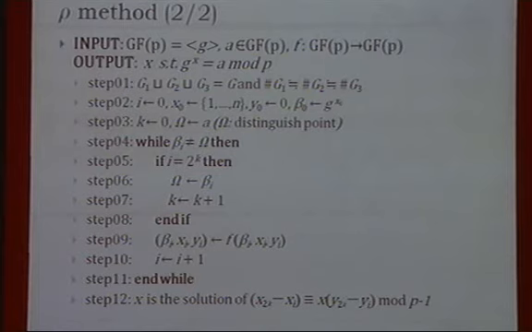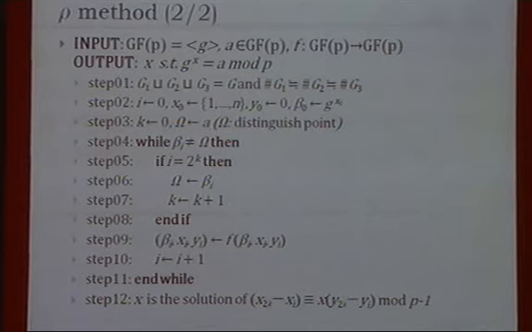Therefore, we keep only the distinct points with the length of exponential size, 2 to the k. So first it is very narrow, but it rapidly increases. Then we have enough chance to find a collision in this case.